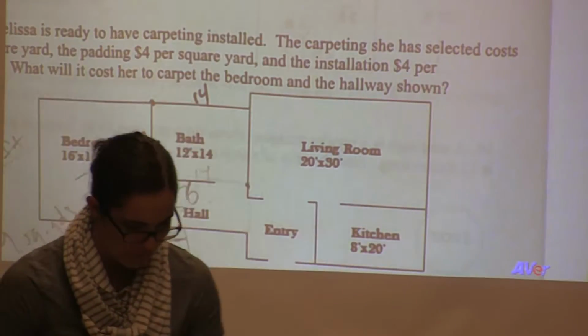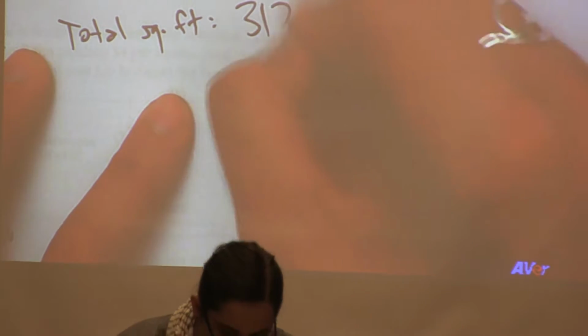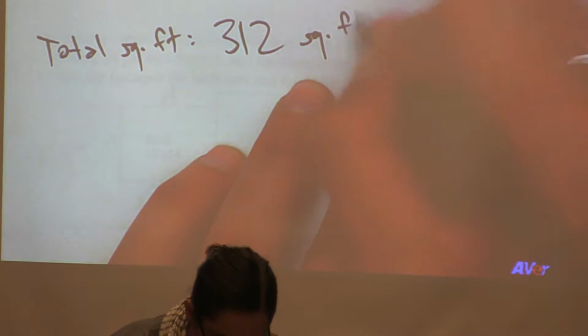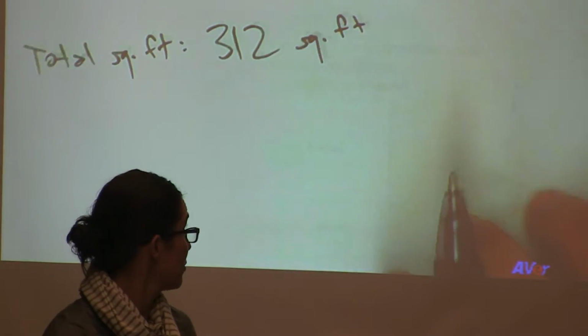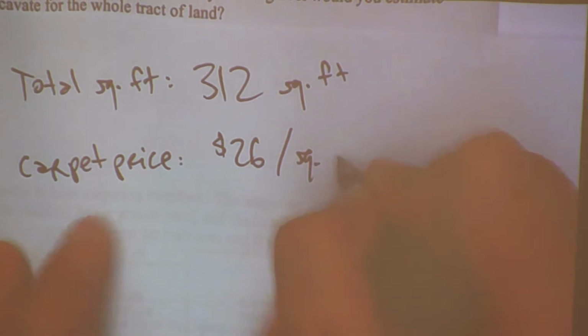So here we go. I'll show you. I get that my total square footage, notice that I'm in square footage though, is 312 square feet. The carpet price is $26 per square yard.